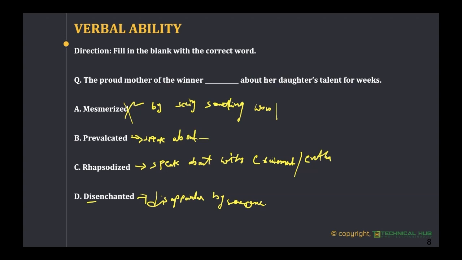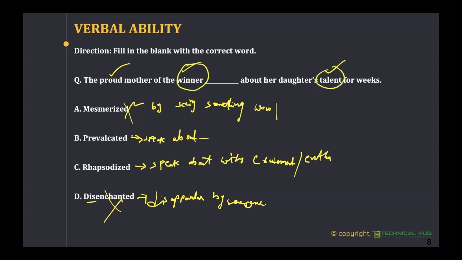Now, prevaricated is correct. Rhapsodized is also correct. But in this situation, what do you have to take? The proud mother of the winner about her daughter's talent. When you talk about these words, what happens? You will definitely be excited. You'll not say it in a plain manner.